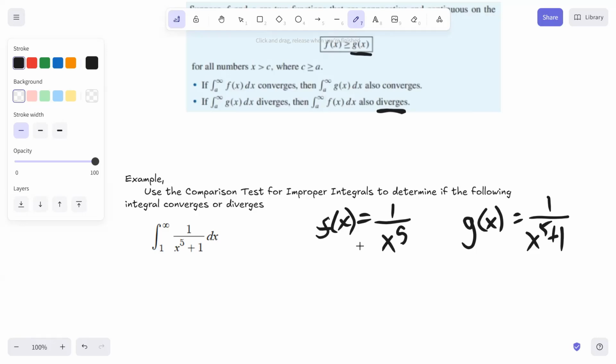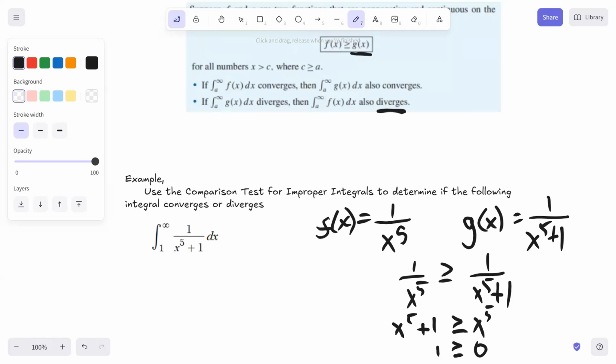And we could easily see that 1 over x to the 5th is greater than or equal to 1 over (x to the 5th plus 1). If you cross multiply, you'd have x to the 5th plus 1 is greater than or equal to x to the 5th. You subtract x to the 5ths and you have 1 is greater than or equal to 0, which is true no matter what x value you plug in, for x greater than or equal to 1, which is important because that's where our interval is. It's from 1 to infinity.